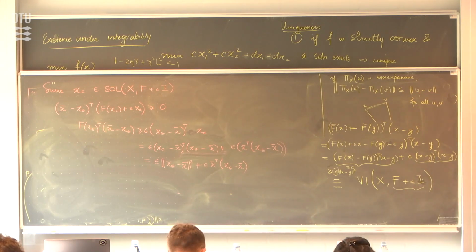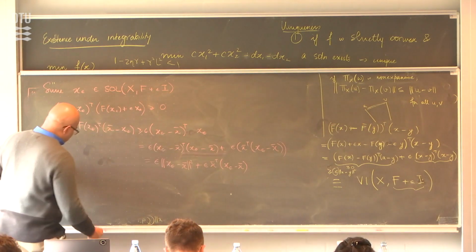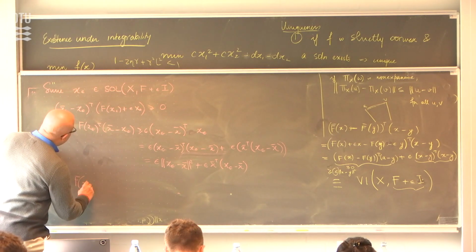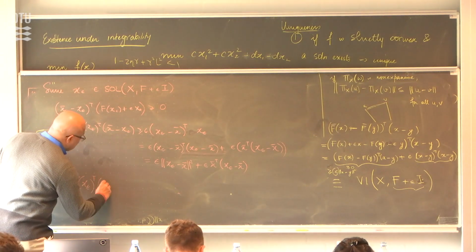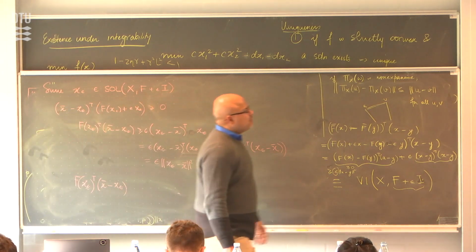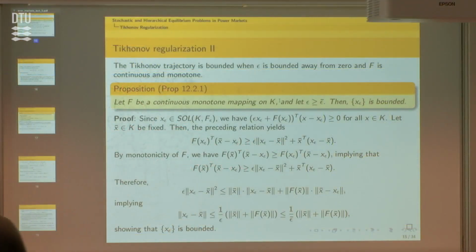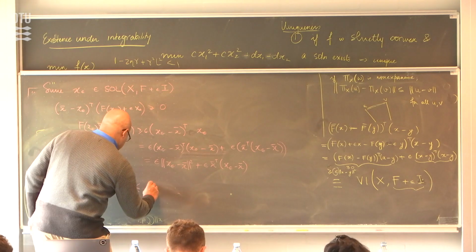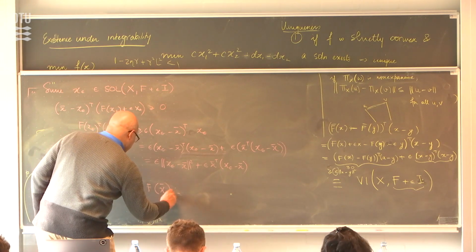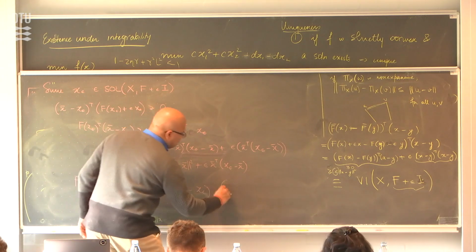Okay. Now by monotonicity of this, what we have is, we know that f of x epsilon transpose x bar minus x epsilon, so what you know is this. So if you look at this, is less than f of x bar transpose x bar minus x epsilon. Why is that? From monotonicity.